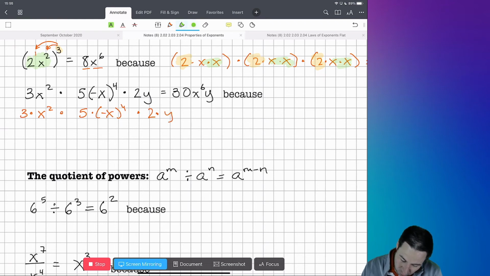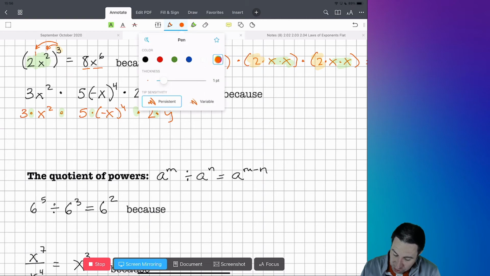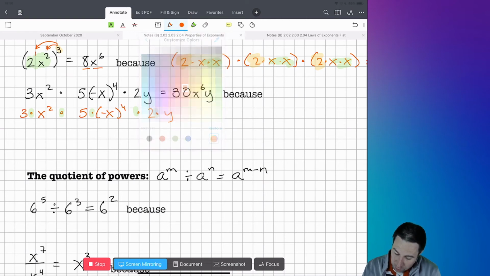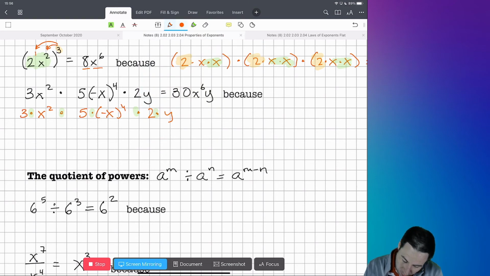And what that does for me is it highlights the fact here that we have nothing but multiplication in the problem. And I can take advantage now of the commutative property. So I can rearrange this into 3 times 5 times 2.